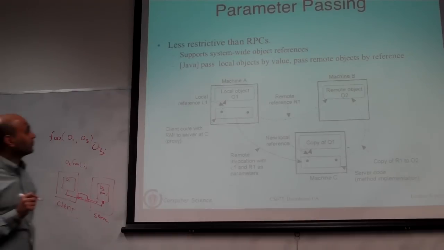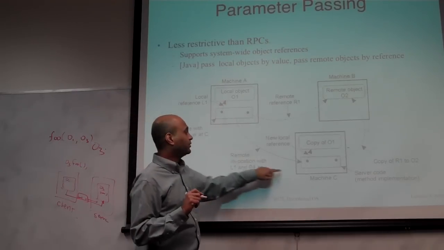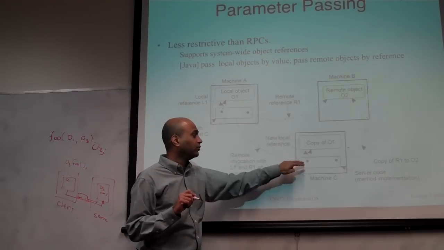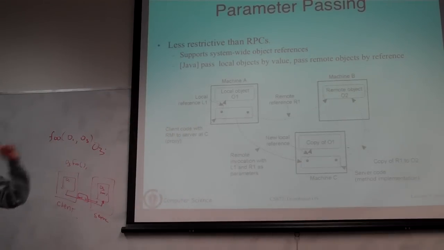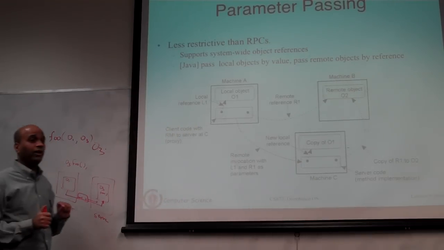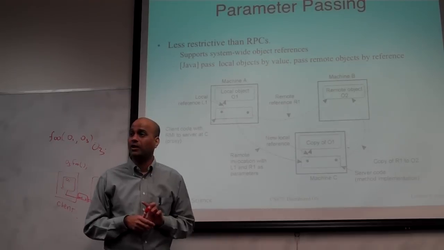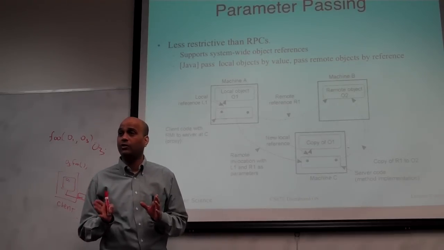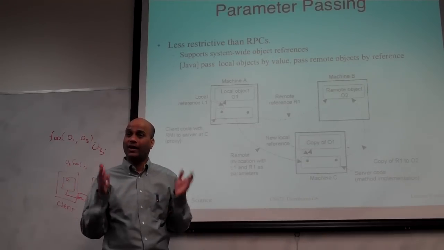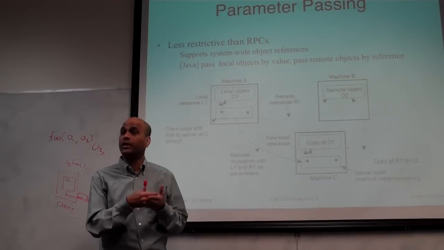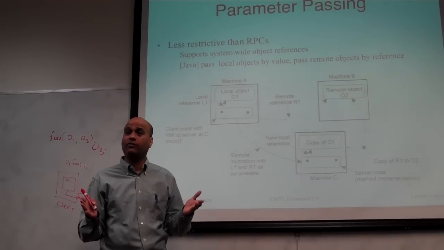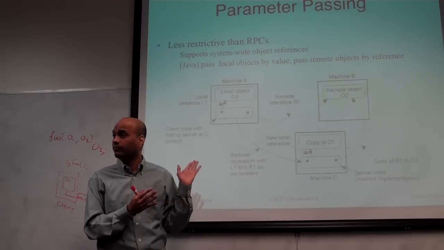In case of Java, you don't have to pass all parameters by value. If you wanted to pass a parameter by value, you would have to take that entire object and stuff it into the parameters and send it over, because the object has state, and all the internal variables of the object are to be sent over.